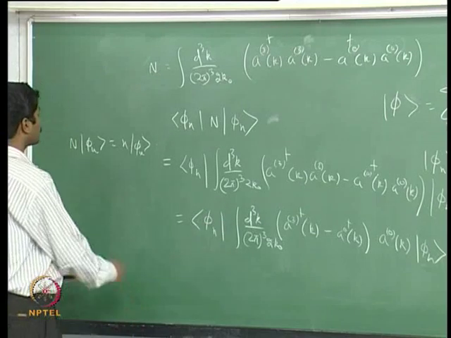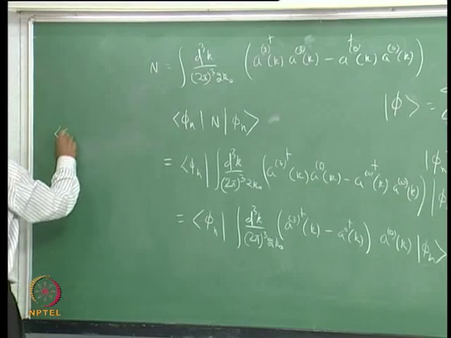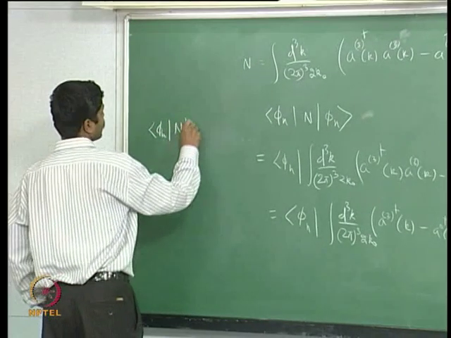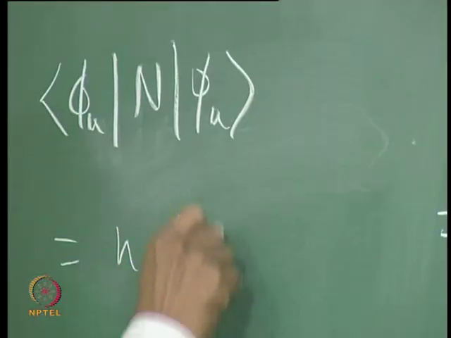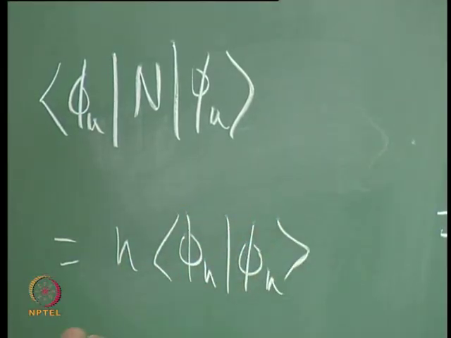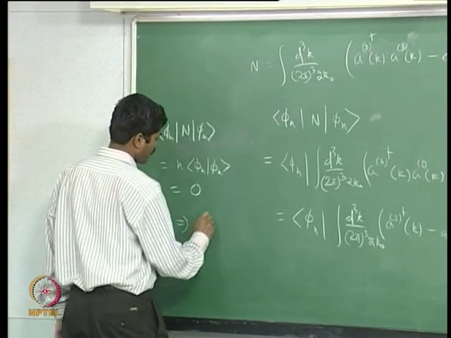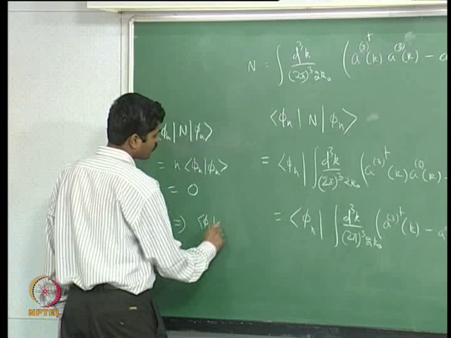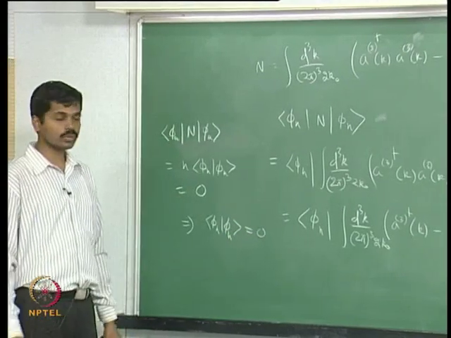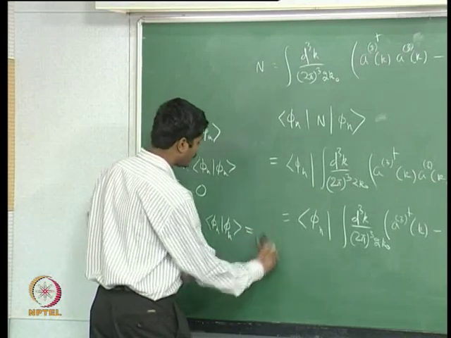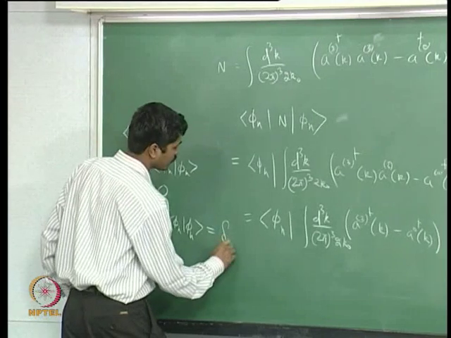So therefore phi n, which is n times phi n, which is equal to 0, basically implies that phi n equals 0 when n is not equal to 0. Or in other words, if n equals 0, this is just the ground state which is unit norm, therefore this quantity is delta n 0.